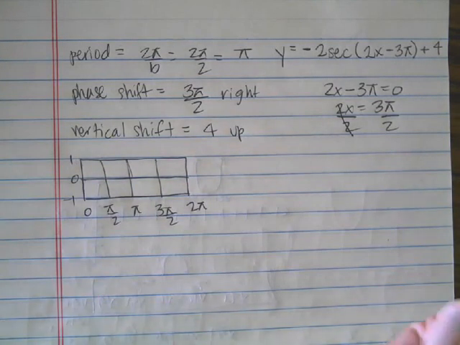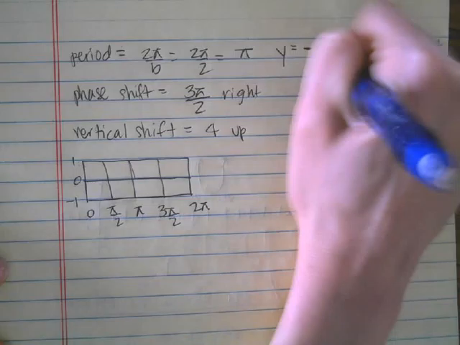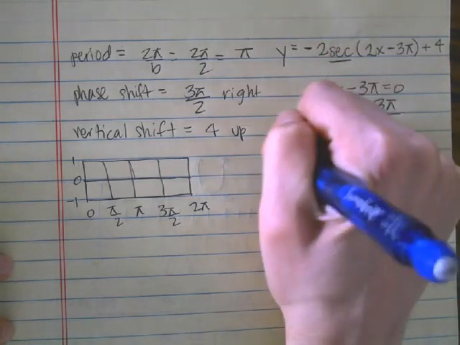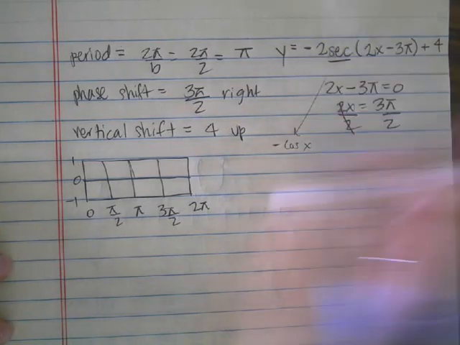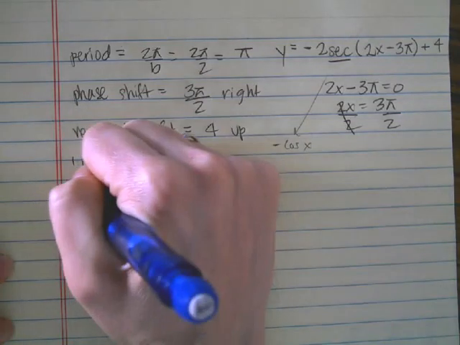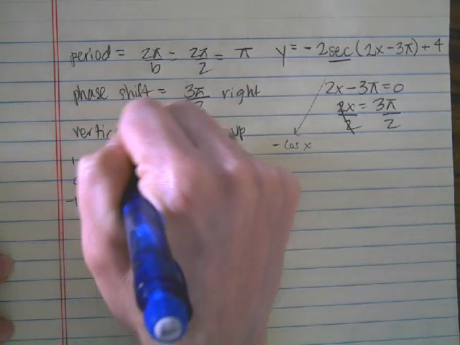It's a secant graph. A secant goes with cosine. So I'm going to draw a cosine graph in, but I'm going to draw a negative cosine graph in because it's negative. So that means cosine would usually start at 1, but I'm going to have it start at -1. And I'll dot it in, so it would go like this.